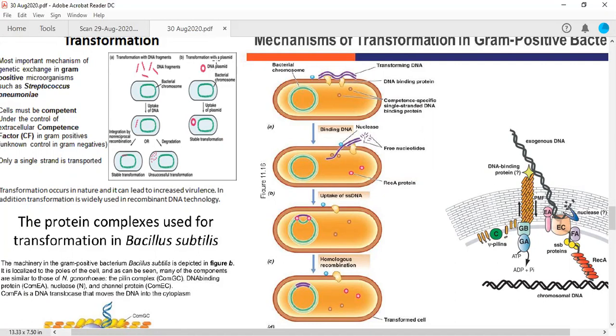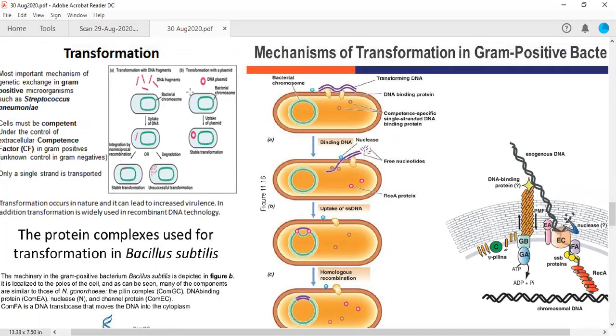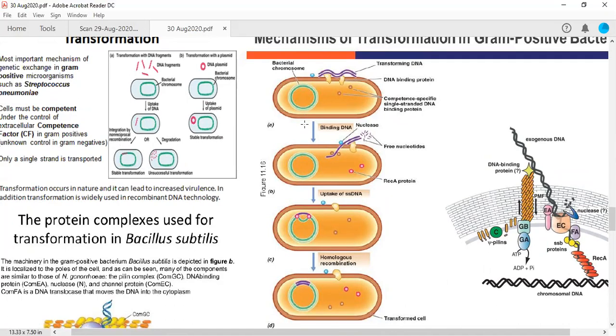So these plasmids can also be uptaken by some of the bacterial cells from the surrounding environment, and the same process is termed transformation. Now, we are interested in knowing what the mechanism is by which these fragments from the surrounding are uptaken by the bacterial cell, how this is possible.